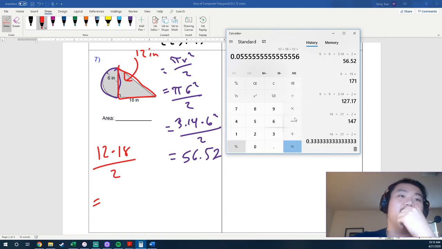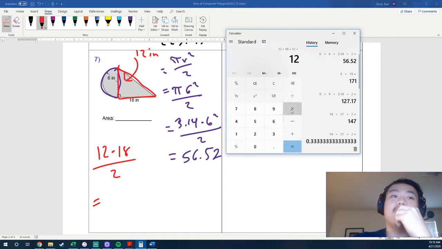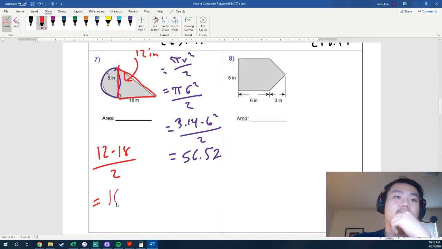All right. So 12 times 18 divided by 2. It's going to be 108. Oh gosh, this is so awkward to do with a mouse. 108, 56.52. Add these together.